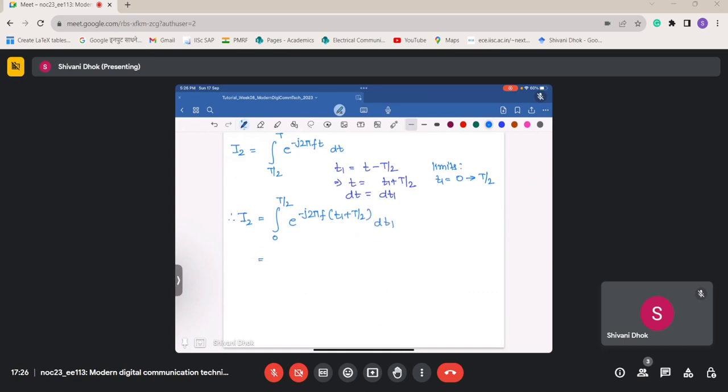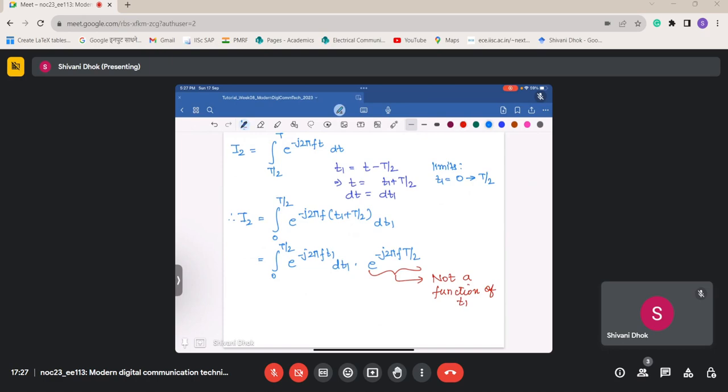Now this I can write as integral 0 to T by 2 e power minus j 2 pi f t1 dt1 multiplied by e power minus j 2 pi f capital T by 2. I can take this out because this is not a function of t1, so I can safely take it out.